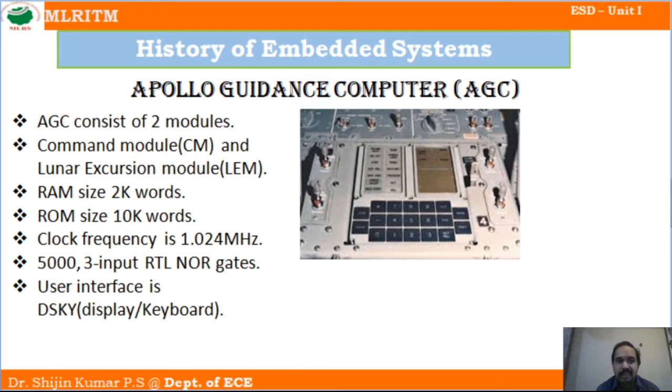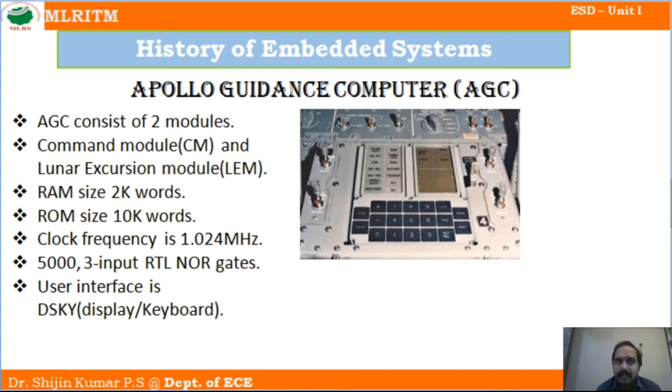The RAM size, the primary memory, is 2 kilowords. At that time the word size was around 8 bits, so we can say 2 KB, 2 kilobytes. Then the ROM size is 10 KB.